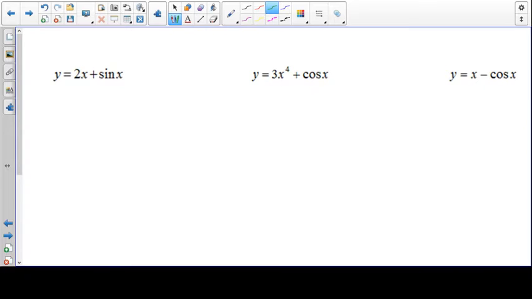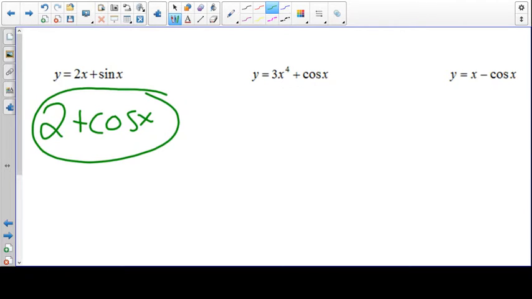So same idea with this next one. The derivative of 2x is just going to give me 2. The derivative of sine is cosine. So I have 2 plus cosine of x. Bring down that 4 to multiply with my 3, so I have 12x to the third.